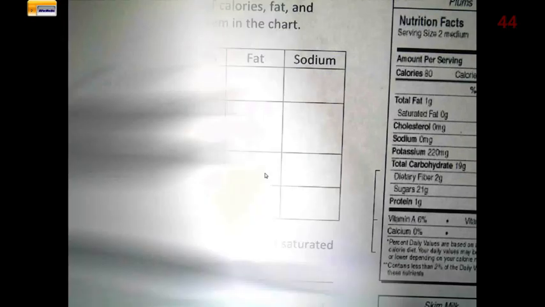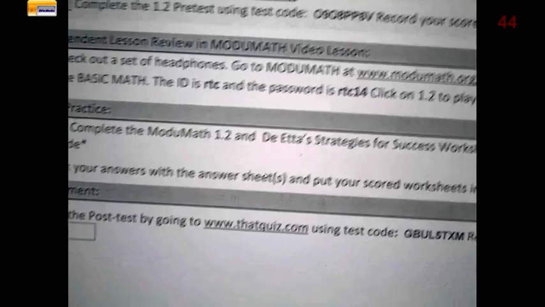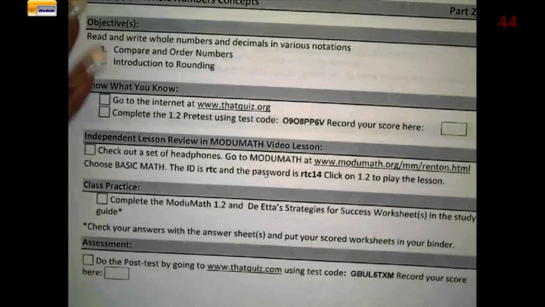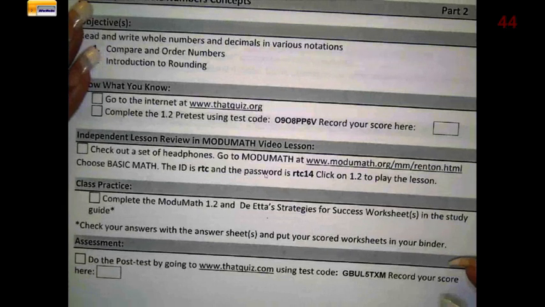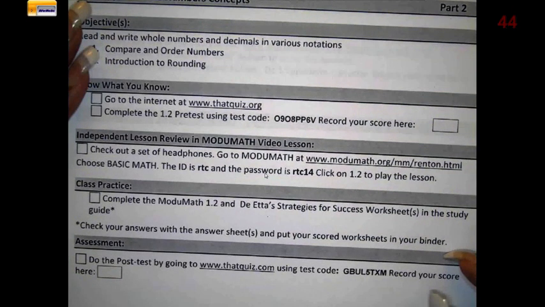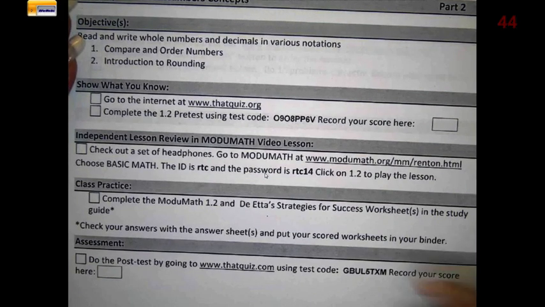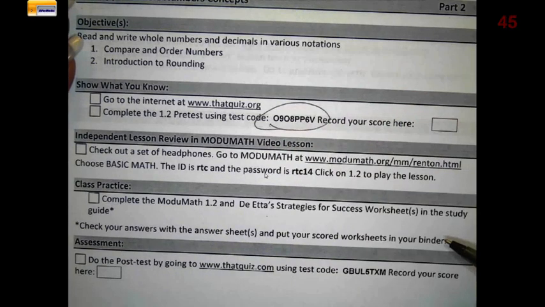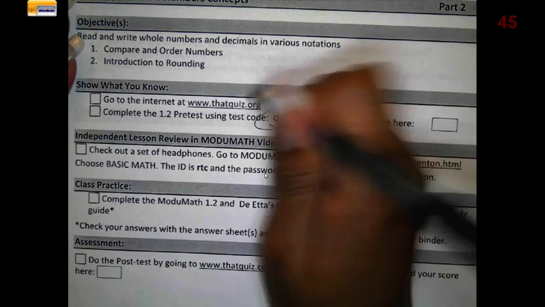Finish the packet, and then what are you supposed to do? You tell me what you're supposed to do when you're done with the packet. Get on the computer and do what? Quiz. What quiz? Show what you know. 0908PP under thatquiz.org online.